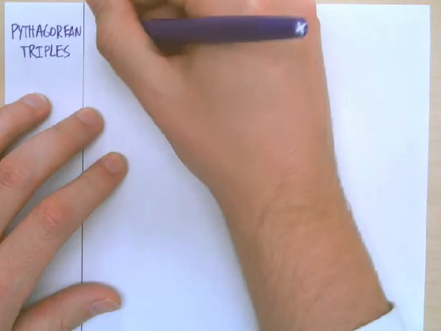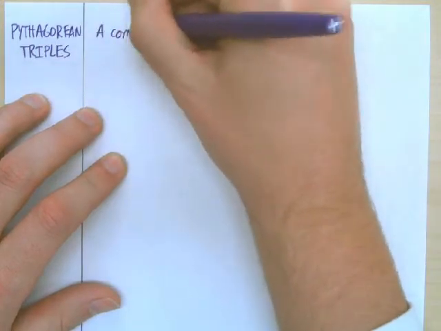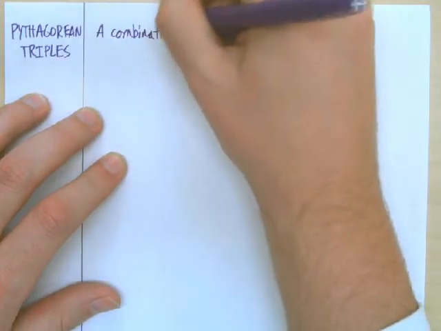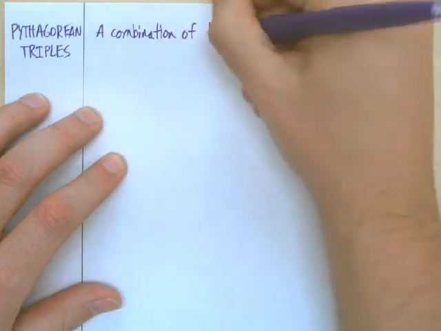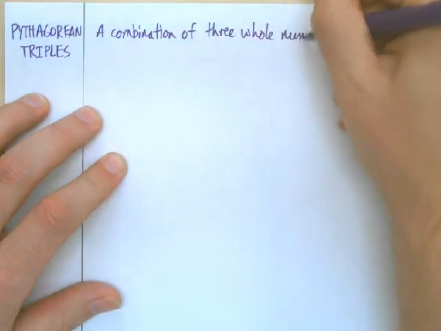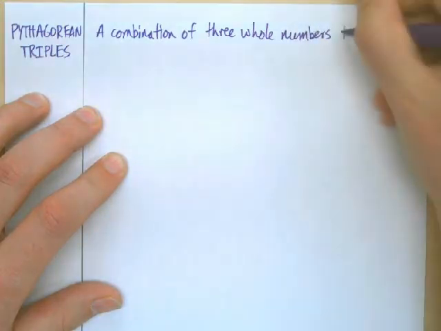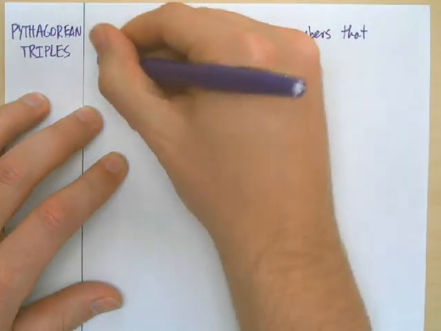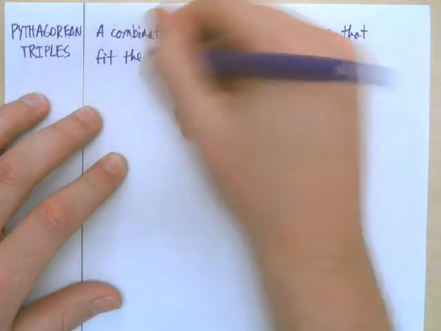The next section is going to be called Pythagorean Triples. A Pythagorean triple is a combination of 3 whole numbers that fit the Pythagorean theorem.